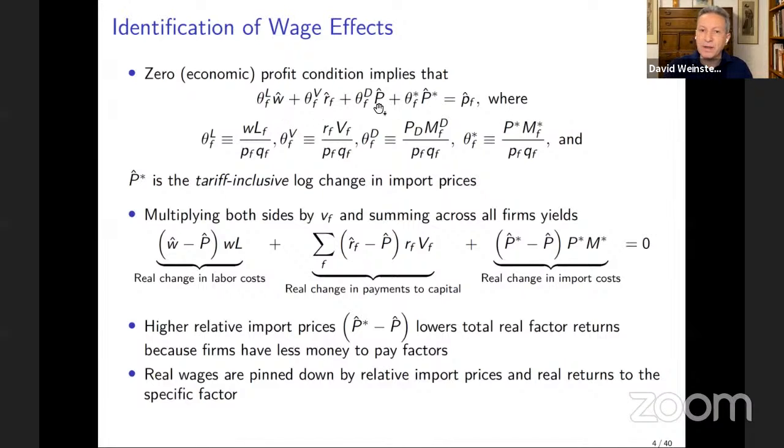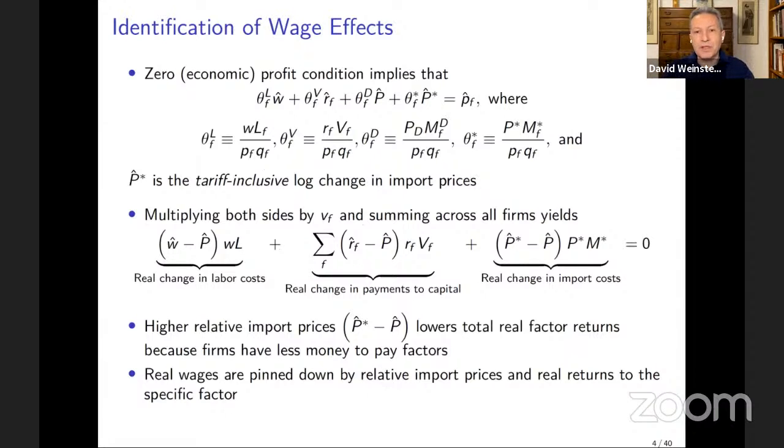But here we're adding in intermediate inputs and import prices, and these P stars here are the tariff-inclusive import prices. Essentially, as prices of inputs rise, that's going to lead to higher prices of final goods. And these thetas are just the standard cost shares of each input.